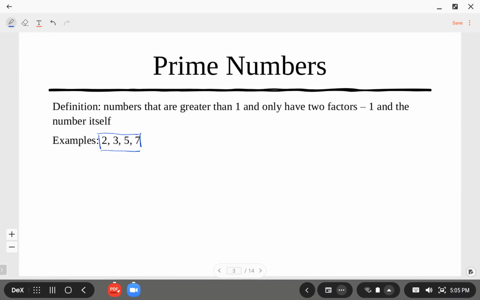And let's do another warm-up question. Is 76 a prime number? Okay, another warm-up question.